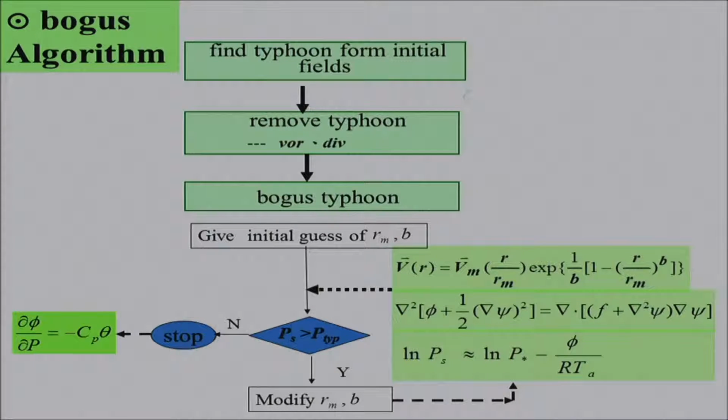If the estimated typhoon pressure is larger than the observation, then we modify RM and B and iterate. If the central pressure estimate is less than the observed pressure, then we stop and use the hydrostatic equation to compute the temperature field.